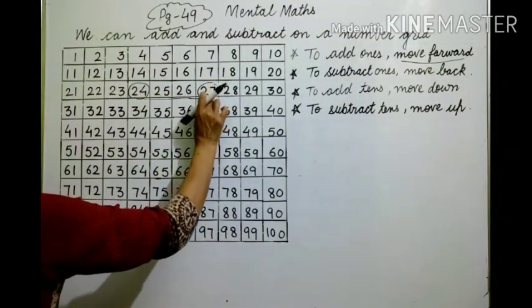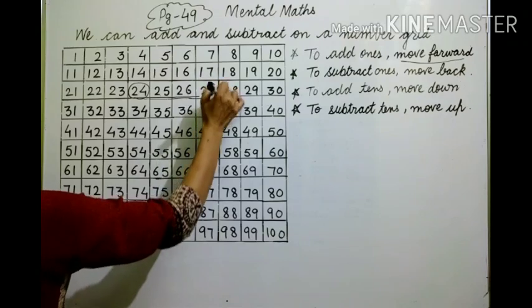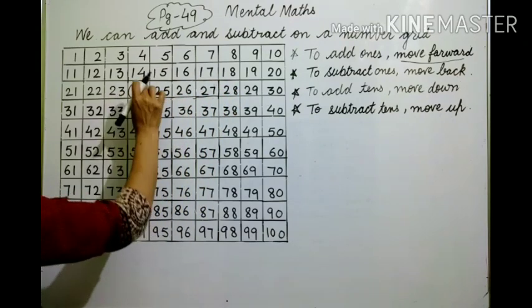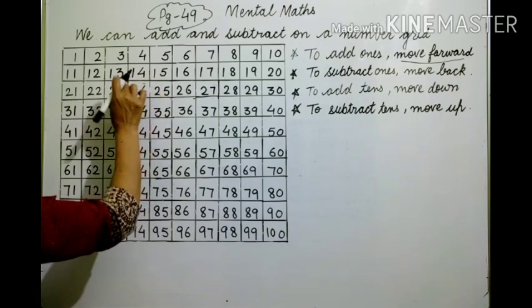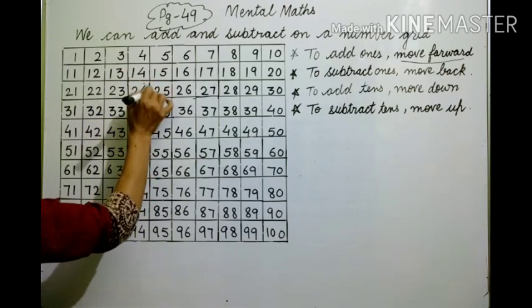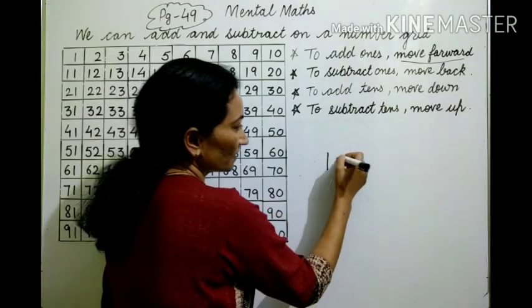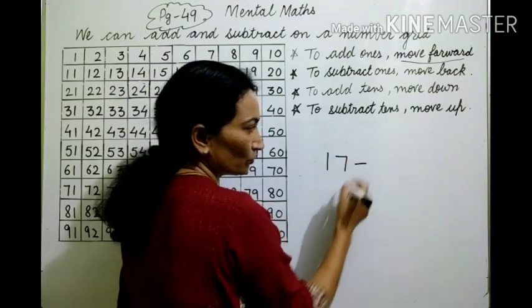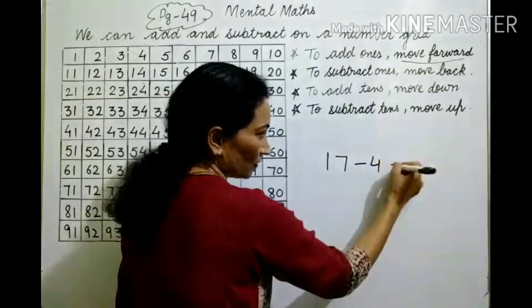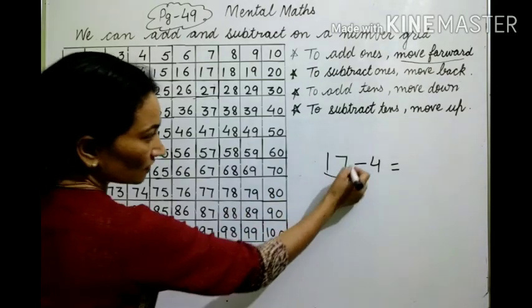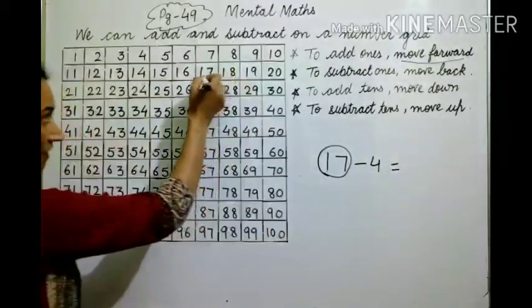Suppose we take any number, we take 17 minus 4. What will be the answer? We will first see the first number in our number grid.